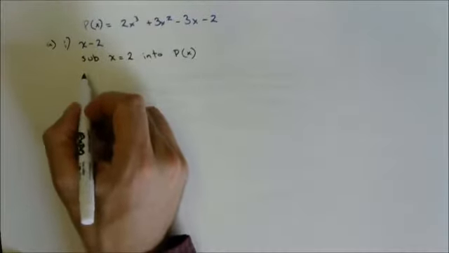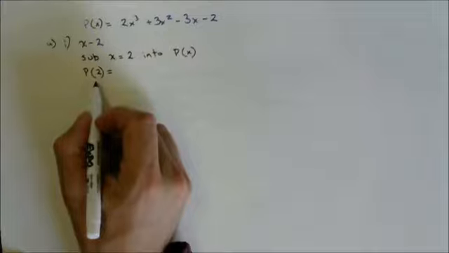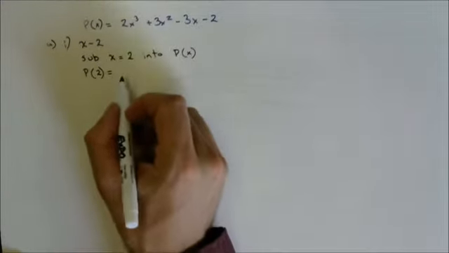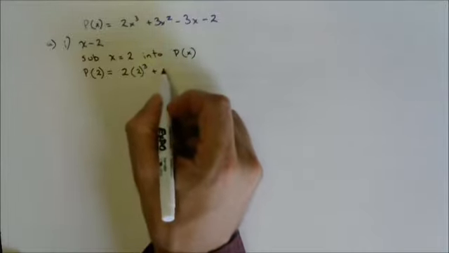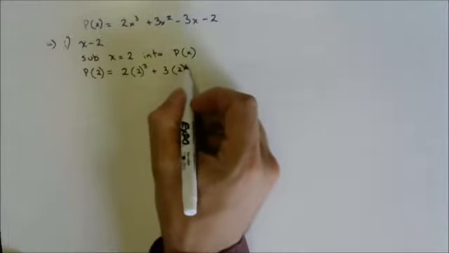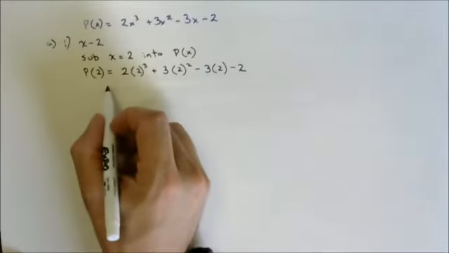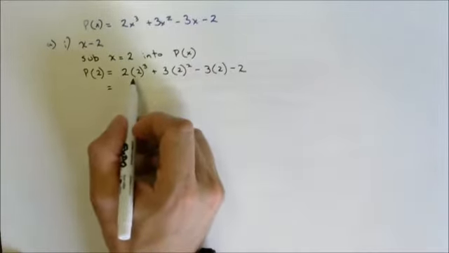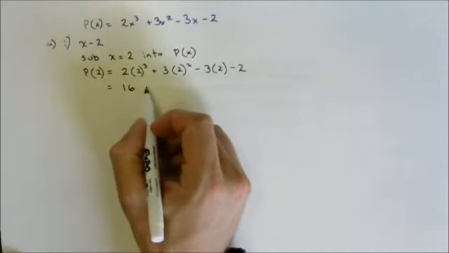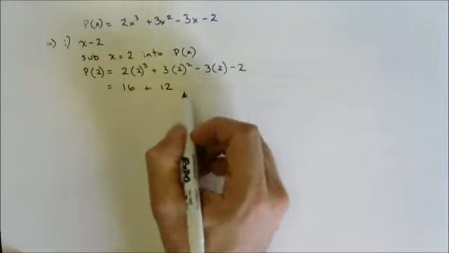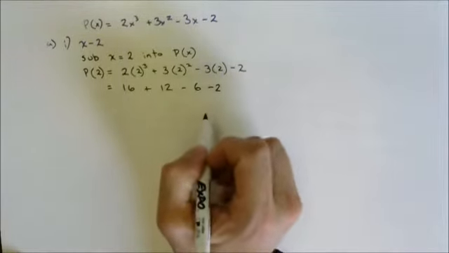So here we go. I'm finding p of 2. Anywhere I see an x, I'm going to put a 2. I'm going to work that out. Using BEDMAS, order of operations, I've got 8 times 2 is 16, plus 4 times 3 is 12, minus 6 minus 2.